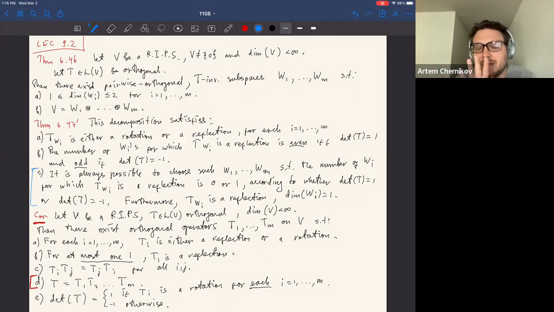Because if you have some subspaces whose direct sum is the whole space, if you permute them, the direct sum in this alternative order is still going to be the whole space. We know a reflection appears at most once. It either appears nowhere or appears somewhere at most once. So if it appears, I change the order of the subspaces in such a way that it appears in the last position. I just permute the subspaces. It doesn't change anything.